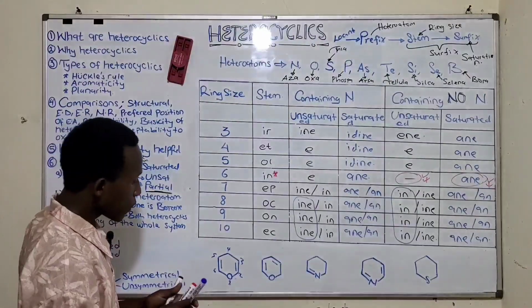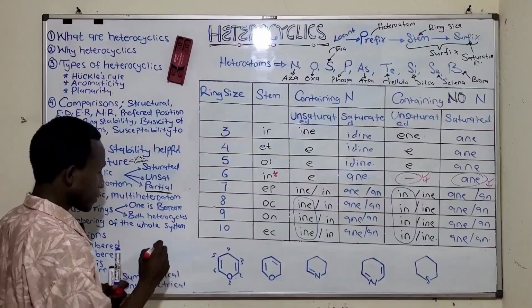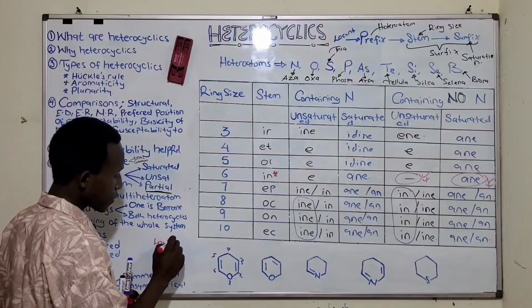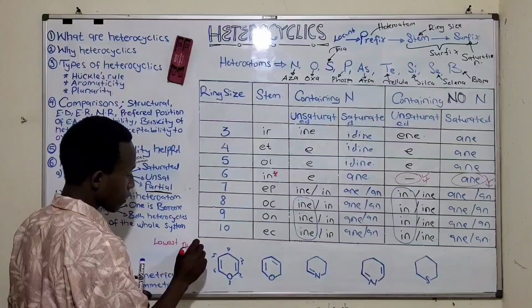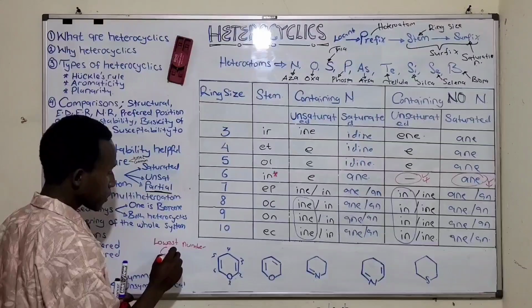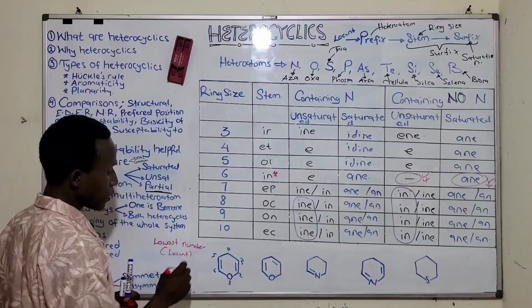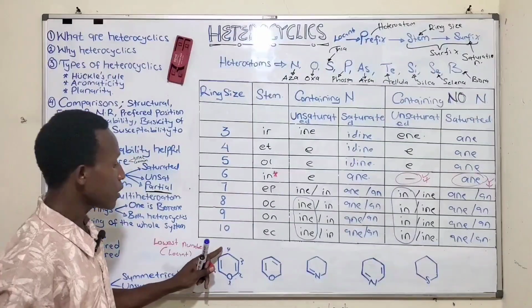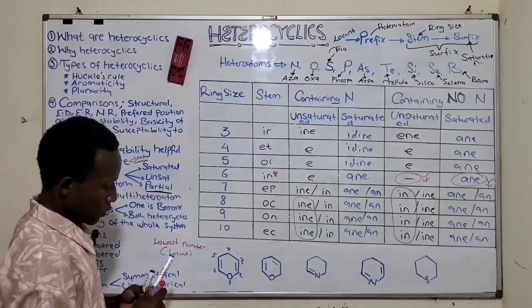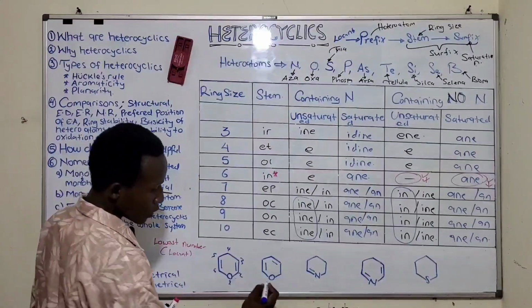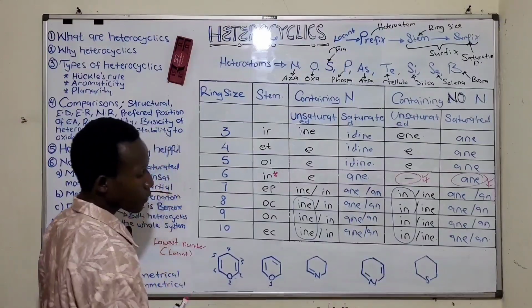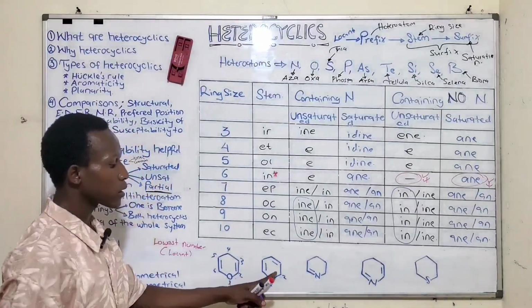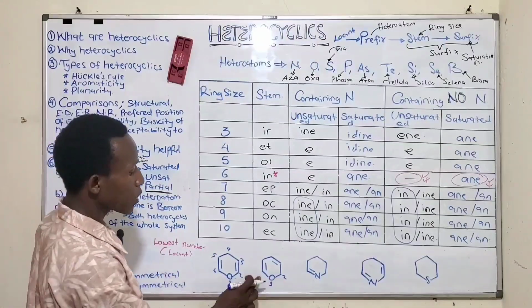The rule is you give the lowest number or locant to the saturated atom. For example, this one, if this one is position 1, position 2 will be this one, the saturated carbon, not this one.